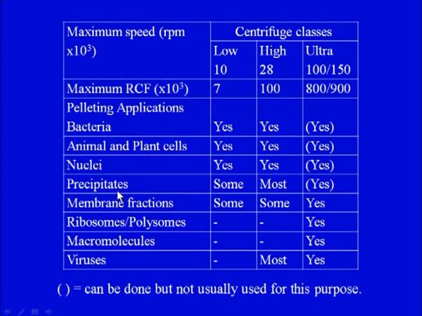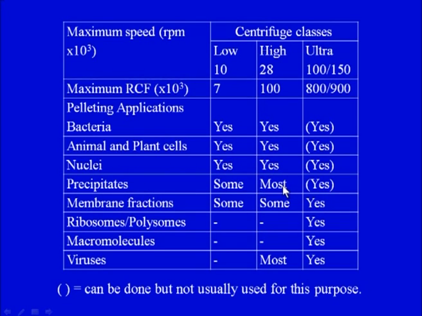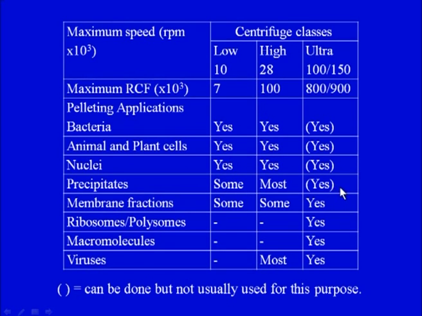For nuclei, you can use any of these. For certain precipitates, high speed centrifuges are quite good, and maybe low speed is not enough. In brackets we have put what can be done but is not usually used for this purpose.